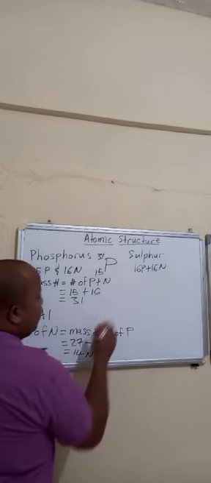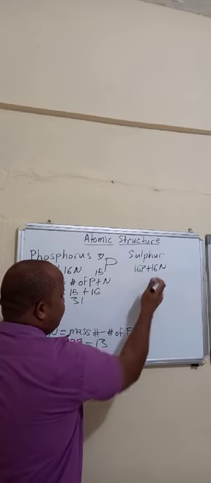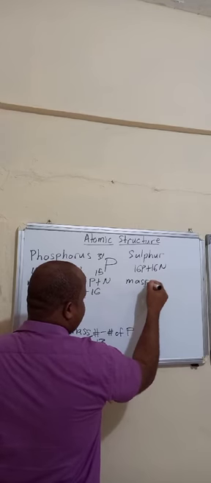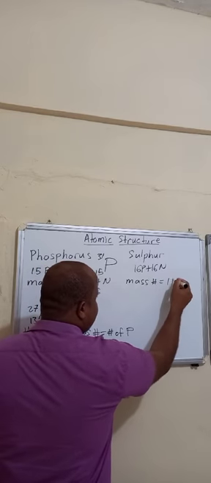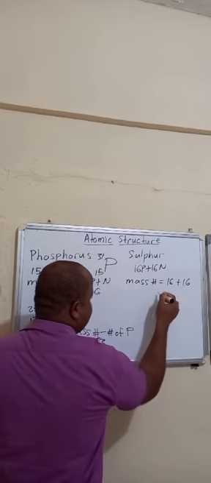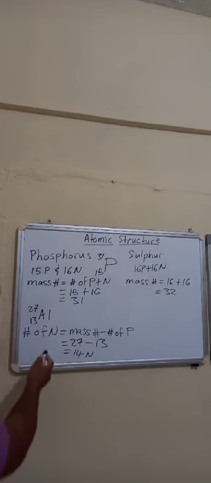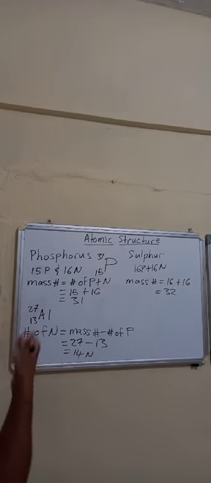Alright, here again, you get the number of protons and the number of neutrons. So the mass number would be 16 plus 16, and that is 32. And that's it. So you know how to calculate the mass number and the number of neutrons based on the data you are given.